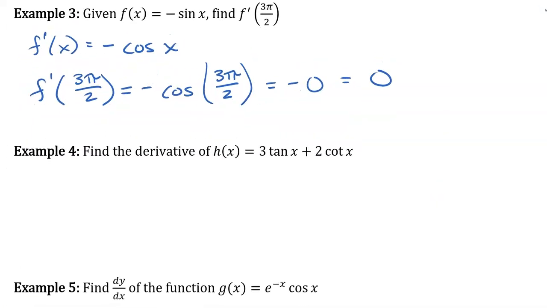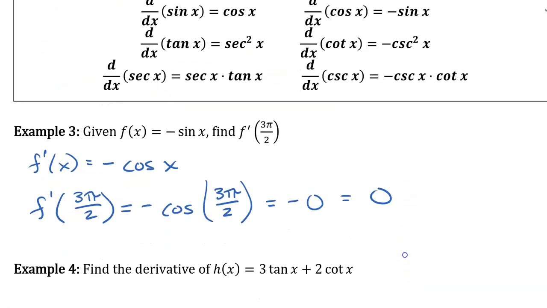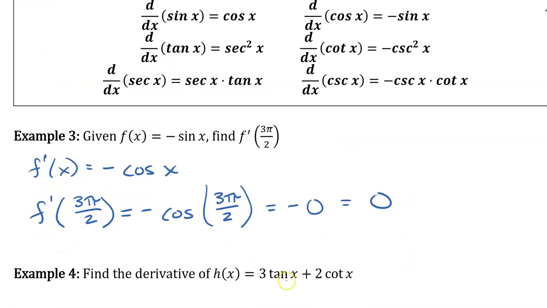How about if we have something like this: 3 tangent x plus 2 cotangent x. Well, all of our limit rules apply, all of our derivative rules apply, all those properties still apply. So the derivative of tangent is secant squared. The derivative of cotangent is negative cosecant squared.